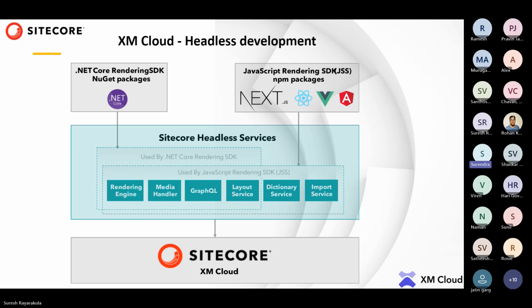This is the architecture of XM Cloud. At the bottom, you get XM Cloud, which is available as SaaS, and on top of that, the Sitecore headless services are available, which expose different kinds of APIs. For example, the dictionary services API through which you can get your key-value pairs.